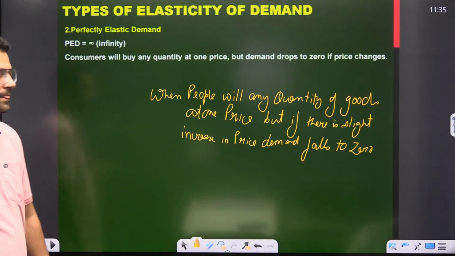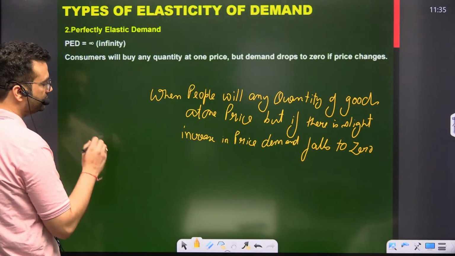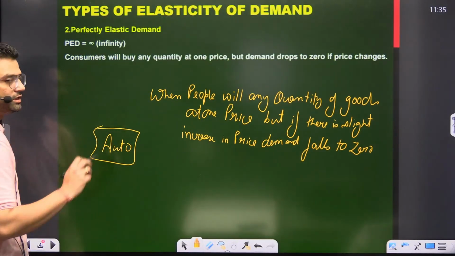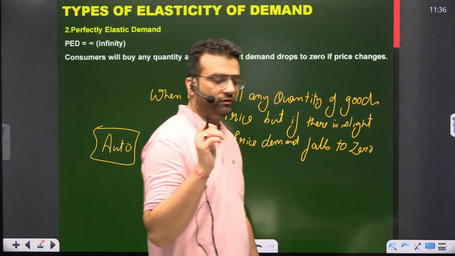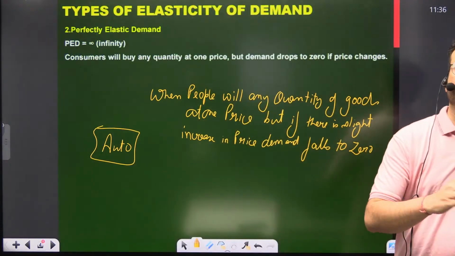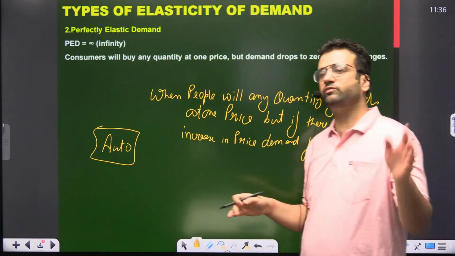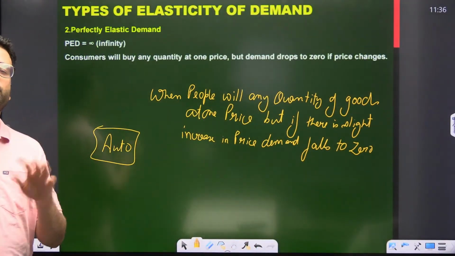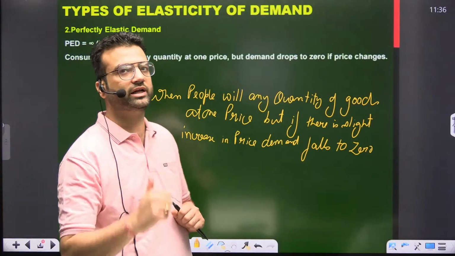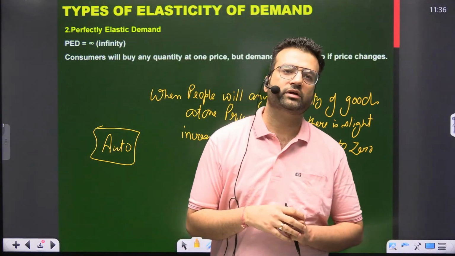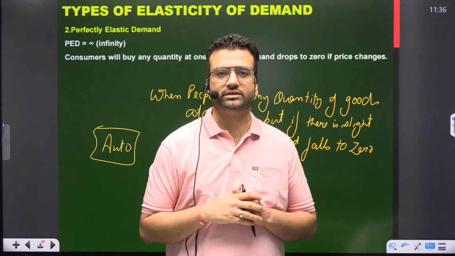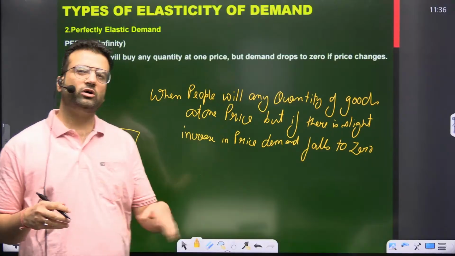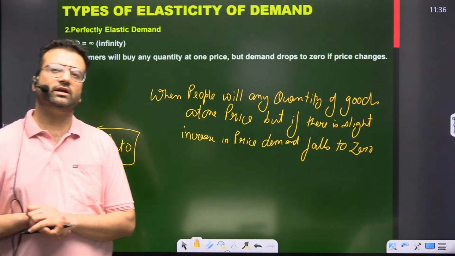This is perfectly elastic demand. Now, let's say auto. Once you get out of the Delhi metro, there are hundreds of auto walas and e-battery rickshaw walas. If you say I want to go to sector 29, or sector 30, they generally charge the same prices, 30 rupees, 40 rupees, 20 rupees. Now suppose all the auto walas or battery rickshaw walas are charging 30 rupees.